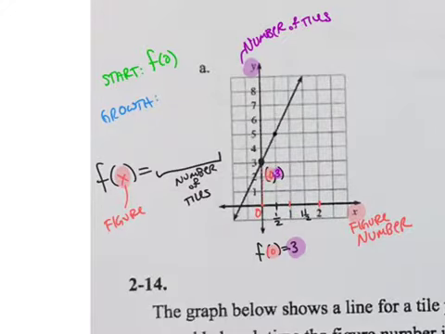If we track figure number 1 up to the curve, we see that it goes to the point 1, 7, which means that figure number 1 has 7 tiles. And so what we've done is we've tracked the starting value, f of 0 equals 3, so that means figure 0 has 3 tiles.